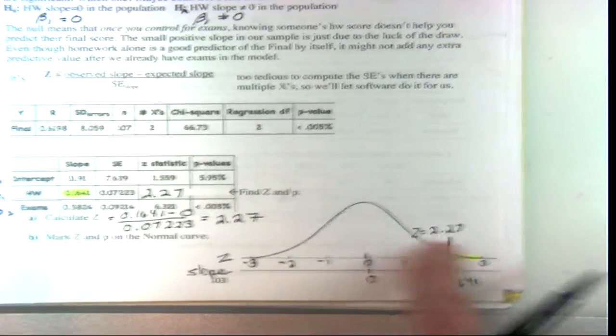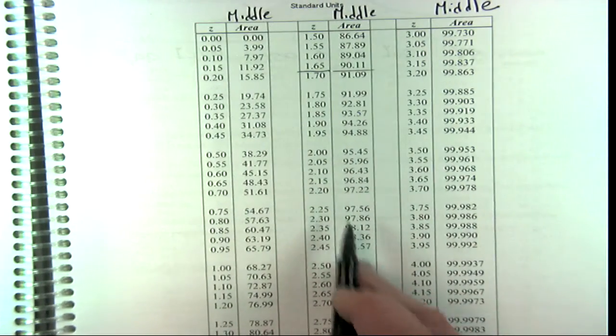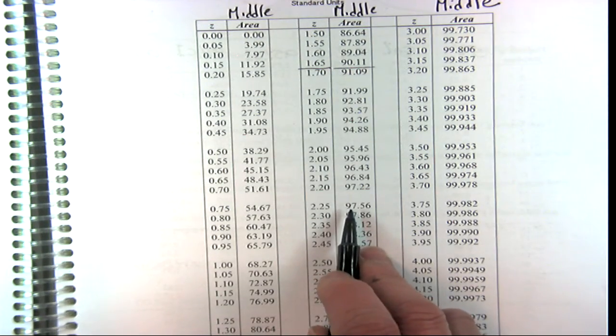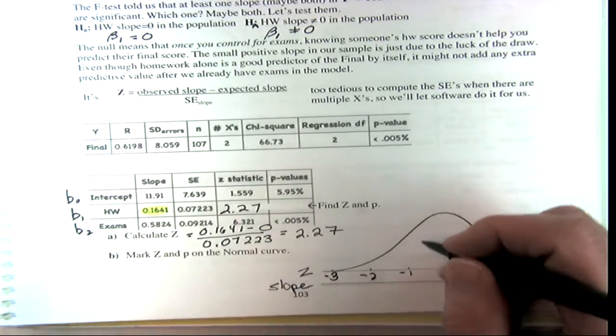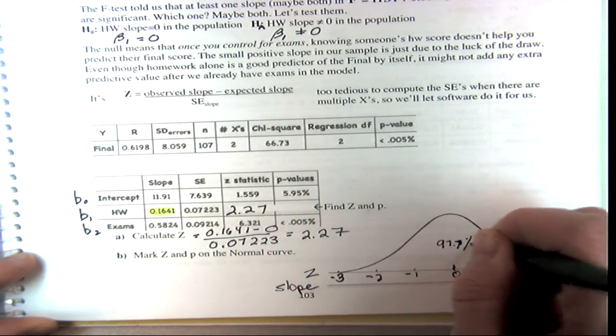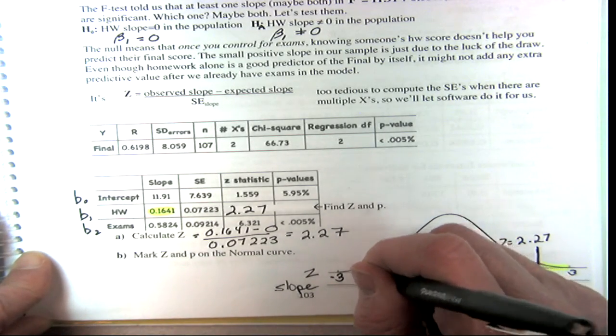First, we have to find out what this middle area is. So between 2.27 and negative 2.27 on the normal curve, we get about 97.7, let's say. So that's 97.7 in the middle here, between 2.27 and negative 2.27.